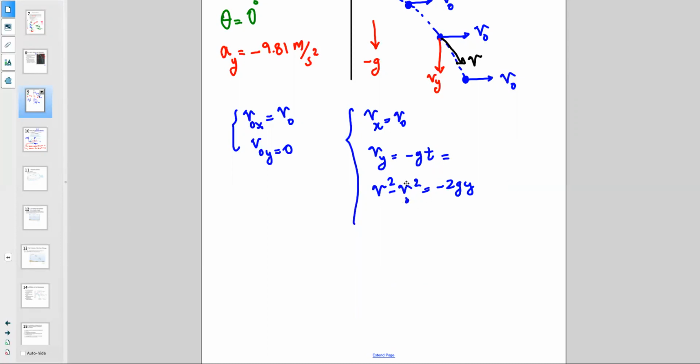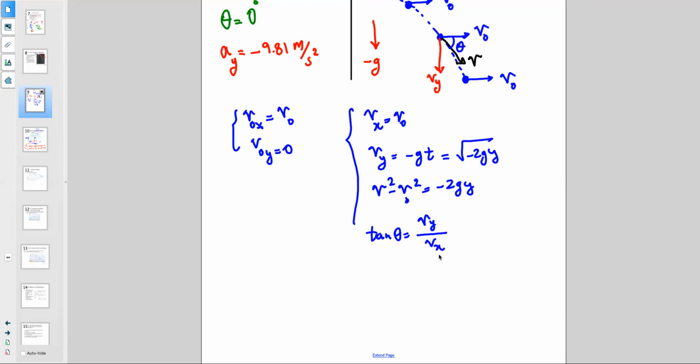If v initially along y was 0, then I have negative 2gy here. Okay, and if I call this angle theta, then tan of theta is vy over vx.